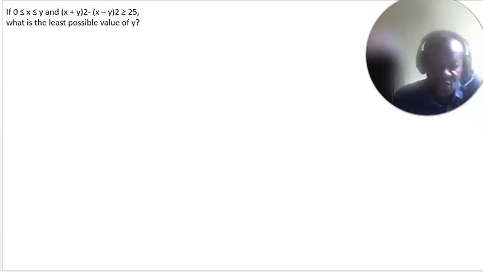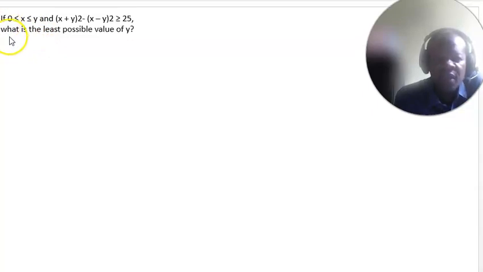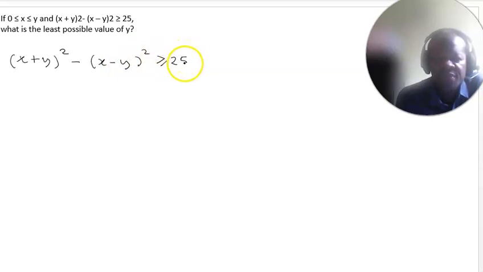So let's start solving. We have (x plus y) raised to power 2 minus (x minus y) raised to power 2 greater than or equal to 25.